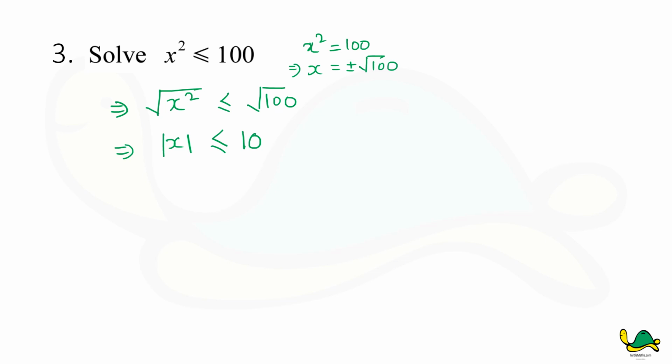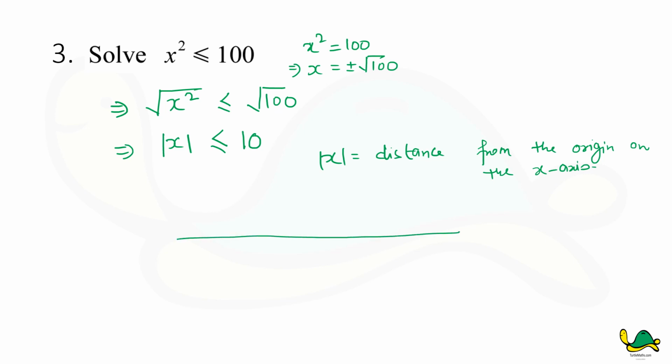I have told you before that the absolute value of x means distance from the origin on the x-axis. So if you draw the x-axis and if you draw your origin, there are 2 points for which the distance is going to be 10 units.